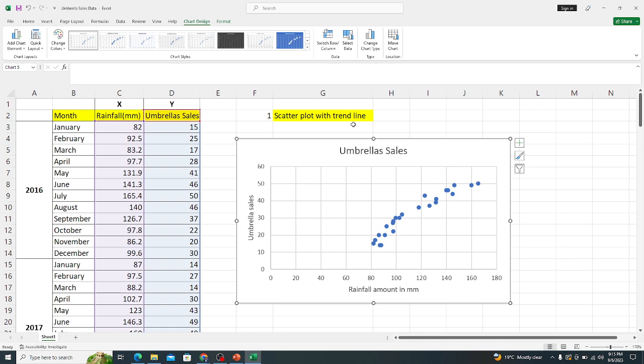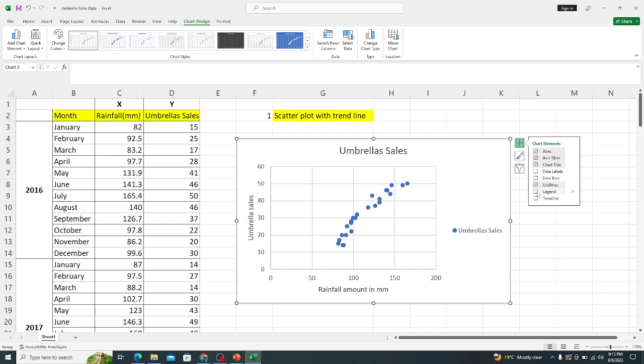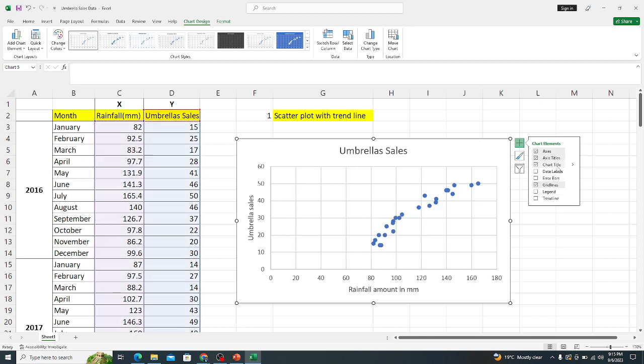So we come to the plus sign, under which we also have the legend in case you want it. But our point of concentration is the trend line. Once you come to the trend line, you'll see an arrow facing to the right, so you can click that arrow.